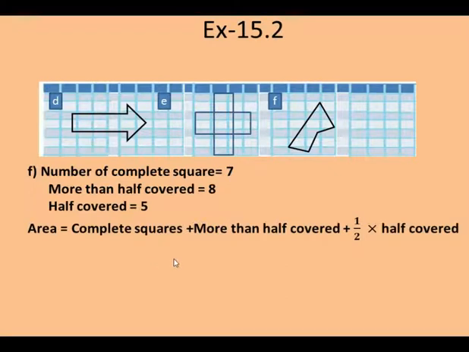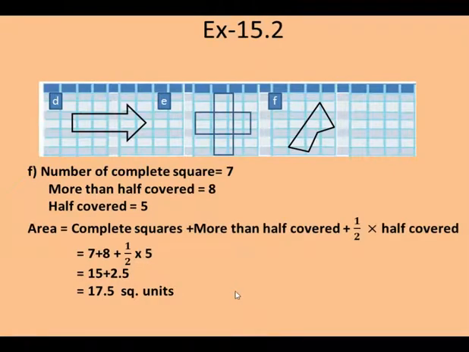So complete squares plus more than half 8 plus half covered, half into 5. So total area is 17.5 square units. Okay. There may be some 0.5 or 1 unit fluctuation in your answers. So count the squares carefully.